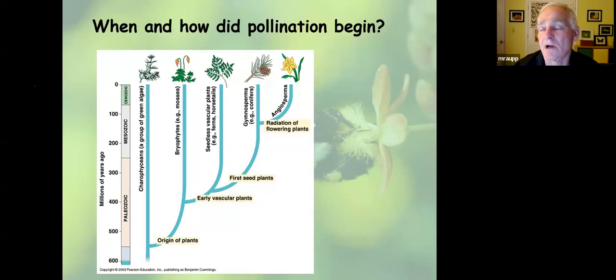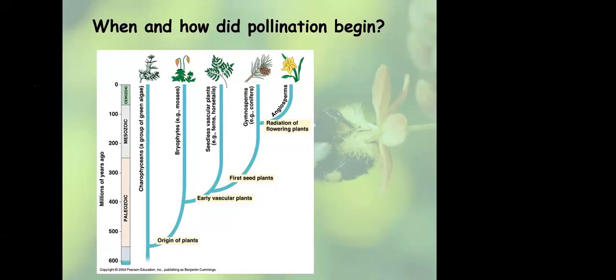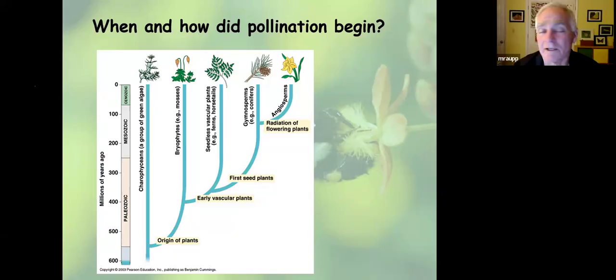Now, does anybody know how ferns disperse themselves? Spores. Very good. The next big switch came from dispersal by spores to dispersal by seeds. And the first plants to do dispersal by seeds were the gymnosperms.